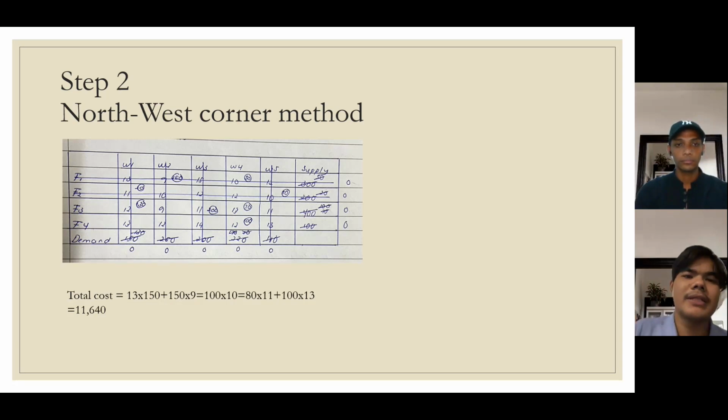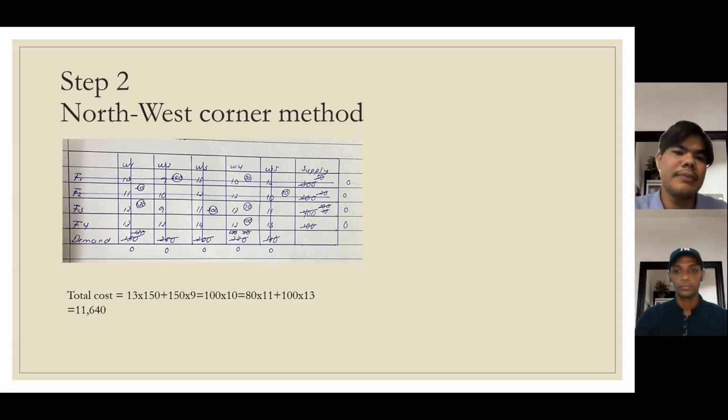Okay, my name is Muhammad Reza Izwan, and I will present step 2. Step 2 is the north west corner method. As we see, we have factory 1, warehouse 1, 2, 3, 4, 5, and supply.